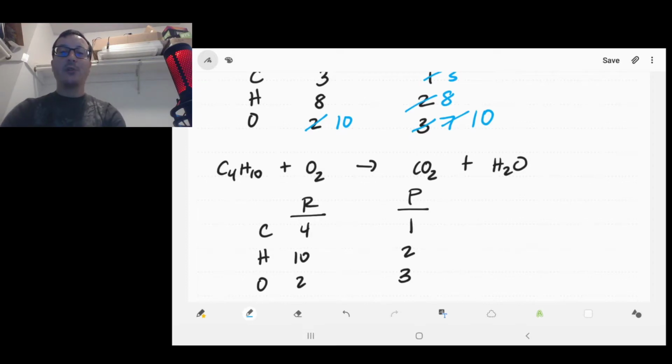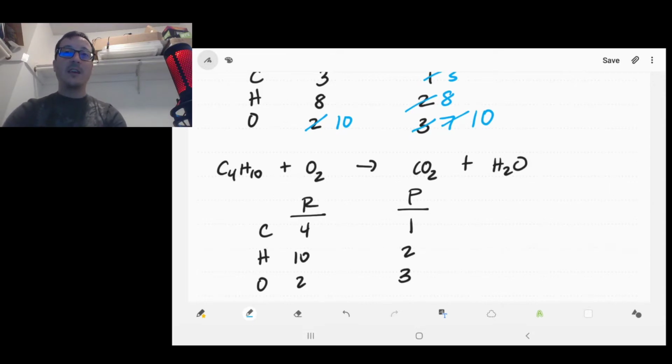On the reactant side, the left side, we have 4 carbons to start. C4H10 is our only carbon-containing compound on the reactant side. There are 4 carbons in that molecule. On the right side, the only thing that has carbon is CO2, and there's just 1 carbon in CO2. So that's how I got those.